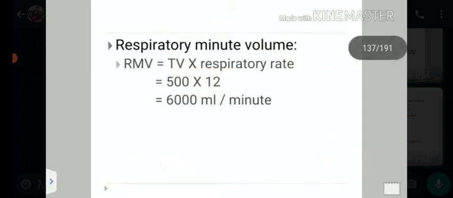Next is respiratory minute volume, also known as minute volume or pulmonary ventilation. It is the volume of air inspired or expired per minute. It is equal to tidal volume multiplied by respiratory rate. You can calculate it: 500 multiplied by 12 is equal to 6000 ml per minute.